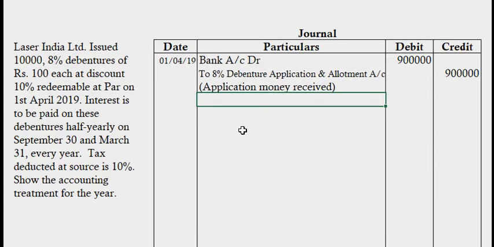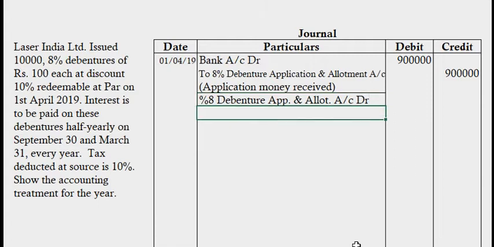So debenture application and allotment account debtor, how much? It will be 9 lakh rupees.